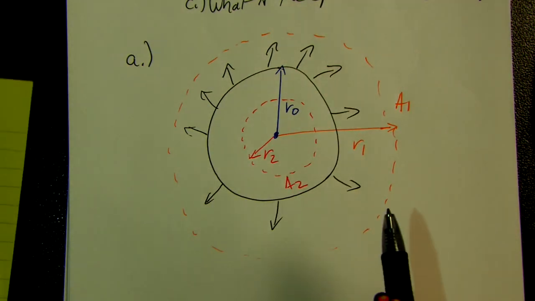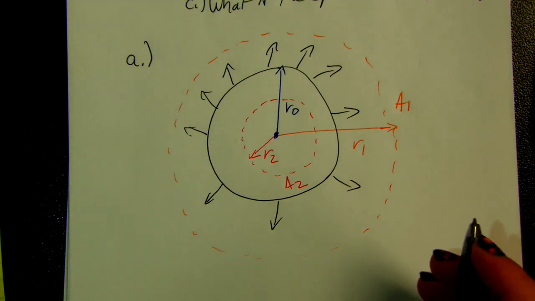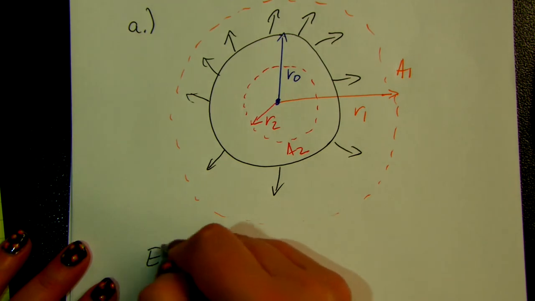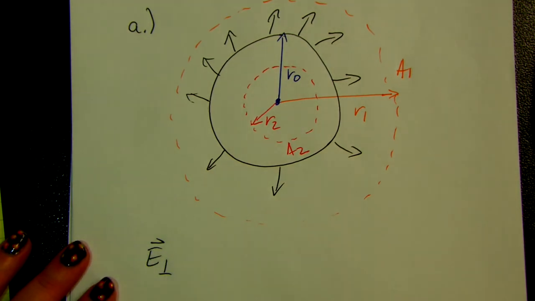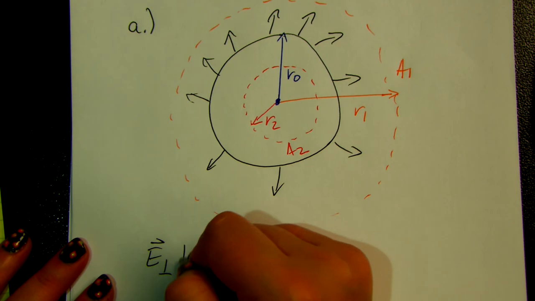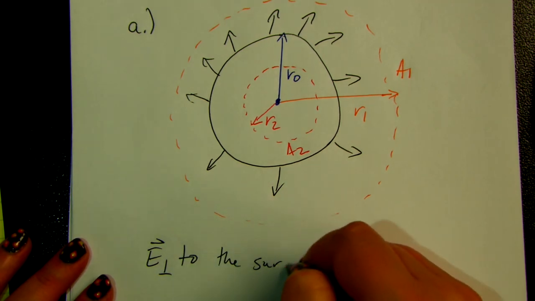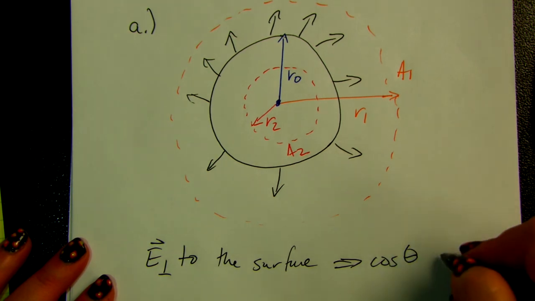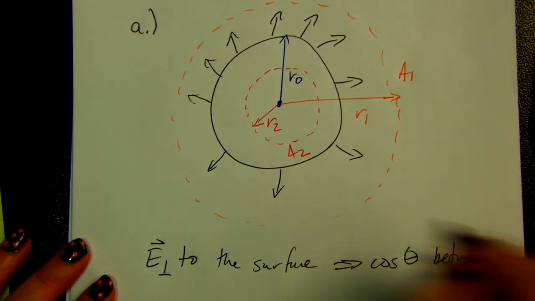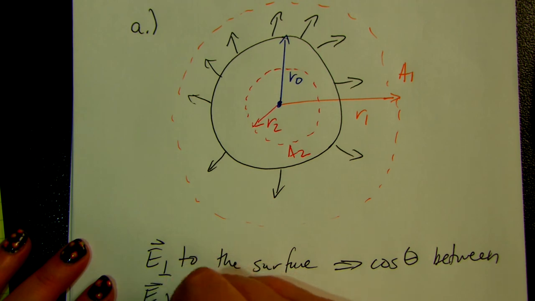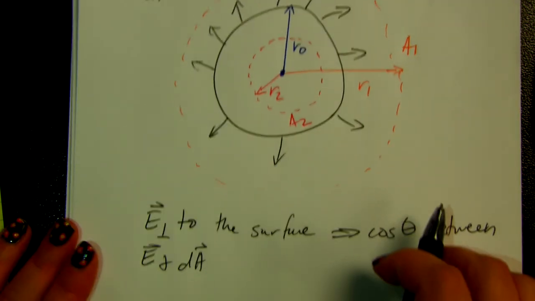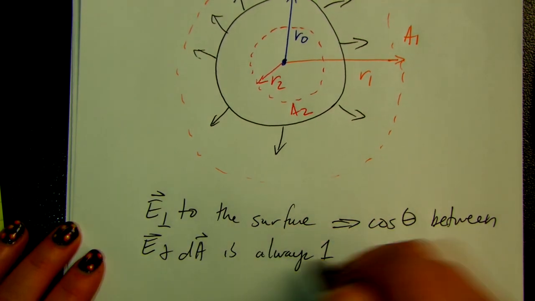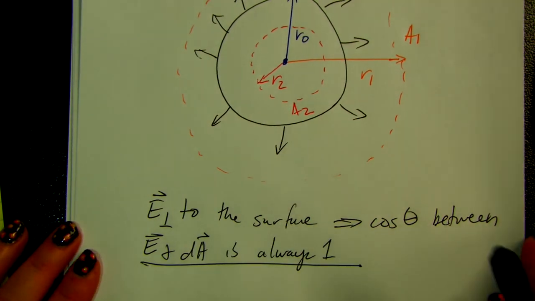Okay, so we can see that if we look at the surface, the electric fields, if properly drawn, are perpendicular to the surface. Therefore, cosine of theta between the electric field and the surface area point is always 1. Beauty of our setups.